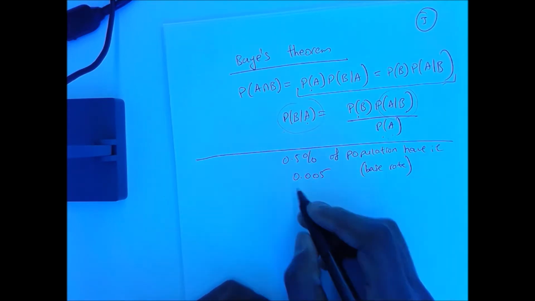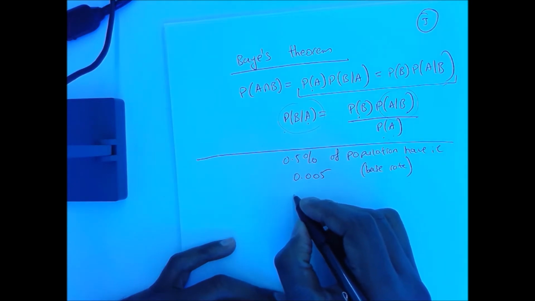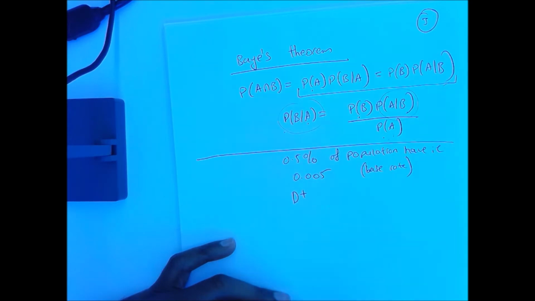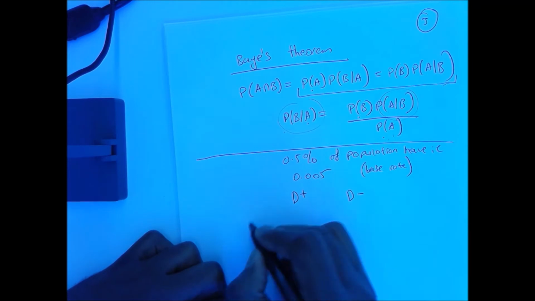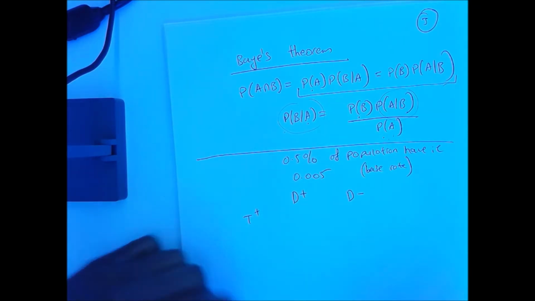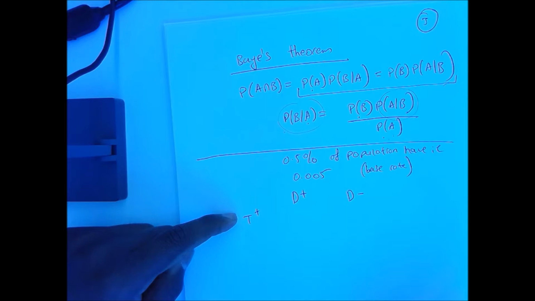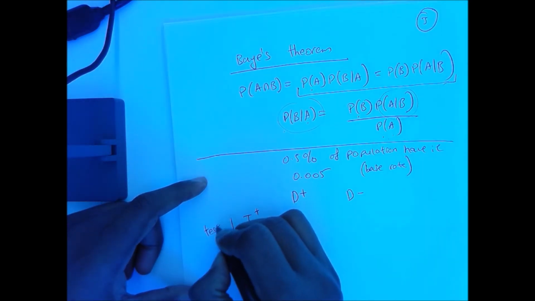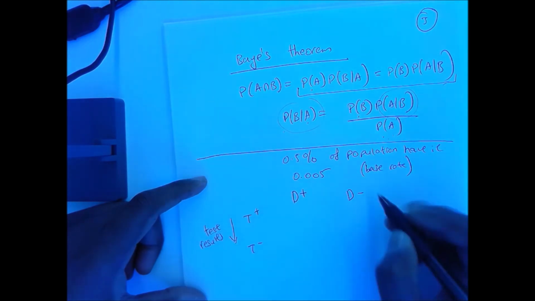Let's say D plus is the event that you actually have the disease. D minus is the event that you don't have the disease. T plus is the event where the test tells you that you have the disease. T minus is the event where the test tells you that you don't have the disease. So these are test results, and these are reality.